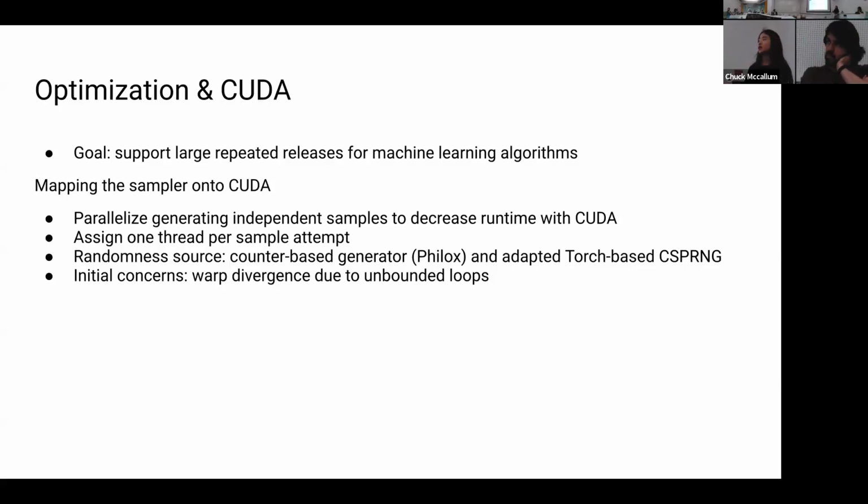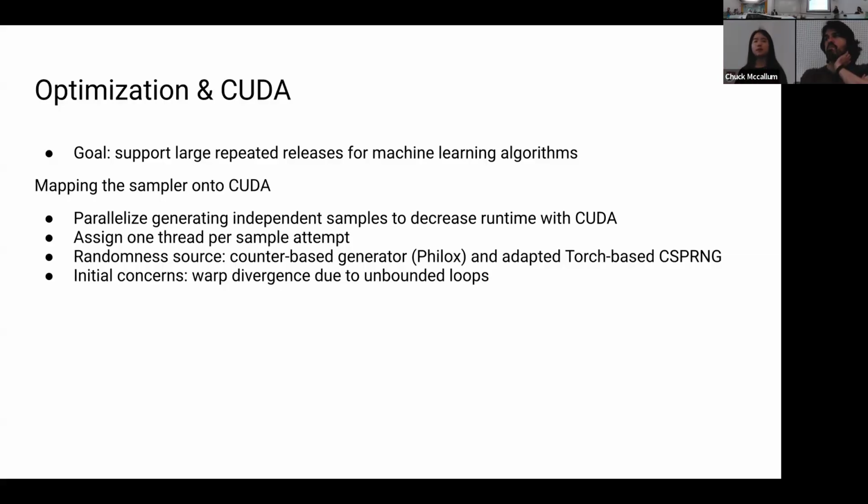And because we're doing a lot of repeated work here, the easiest way to make this a lot faster, because ideally we want to generate many samples at once for training, is to parallelize this and have independent samples be generated. And initially, I was exploring assigning one CUDA thread per sample.